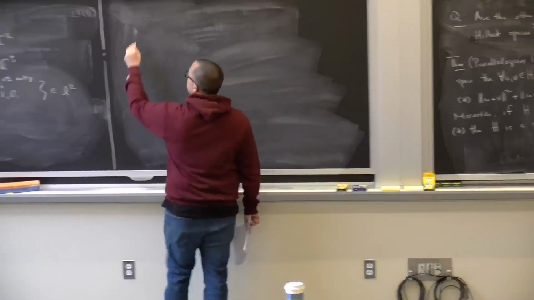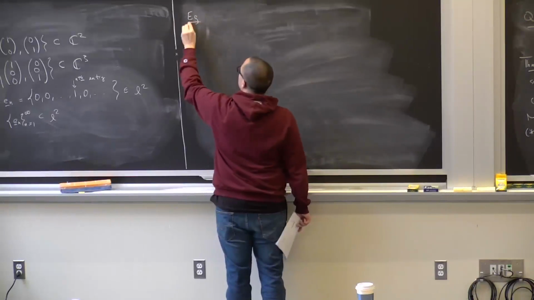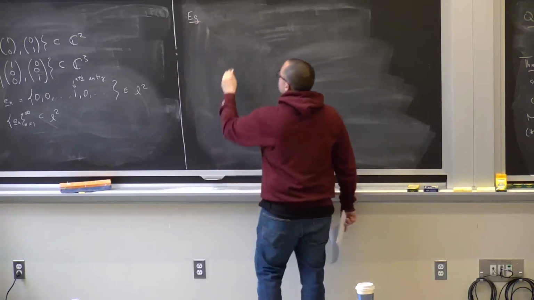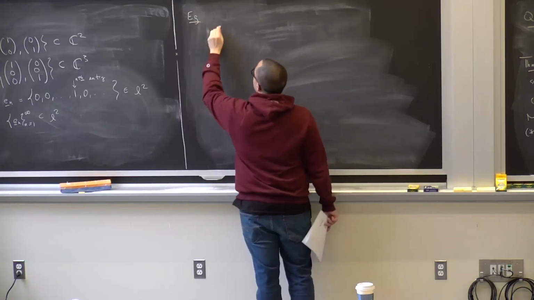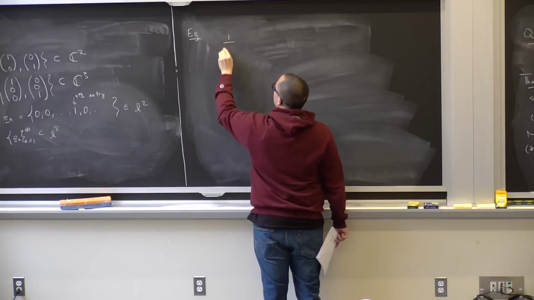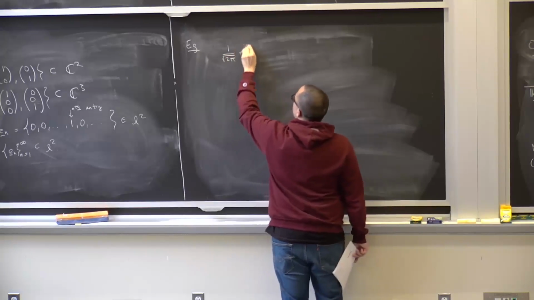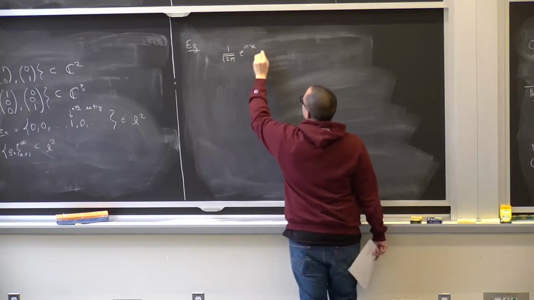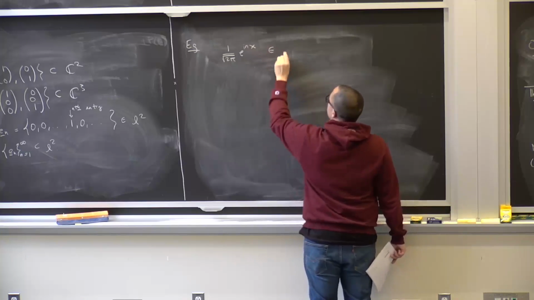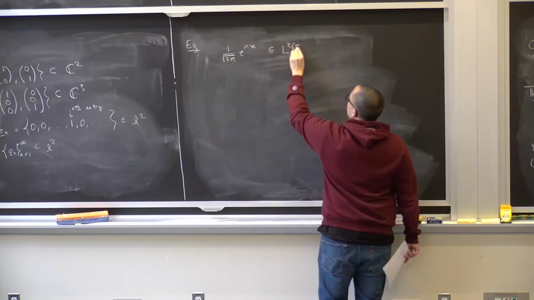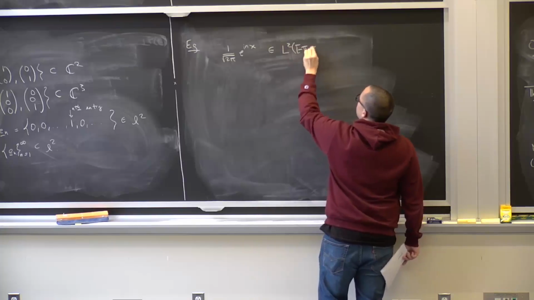One other example is, let's look at the functions 1 over square root of 2 pi times e to the I n x. And let's think of these as elements of L2, minus pi to pi.